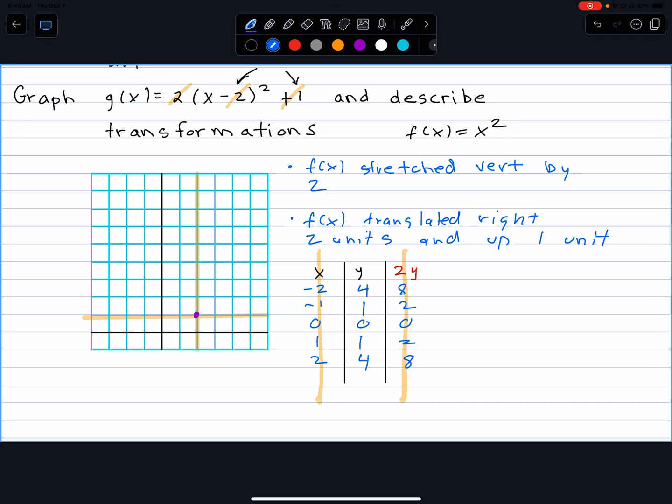I'm going to do 1, 2, and its partner on the other side. I'm going to do the point 2, 8. I can't see it. 2, 4, 6, 8. Yep, and its partner on the other side. So when you're finished, the graph will look like that.